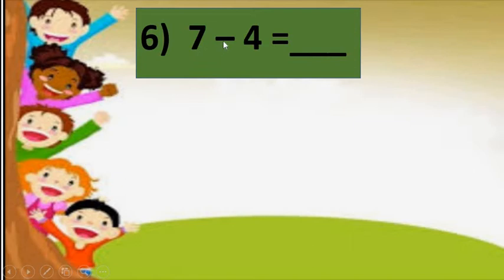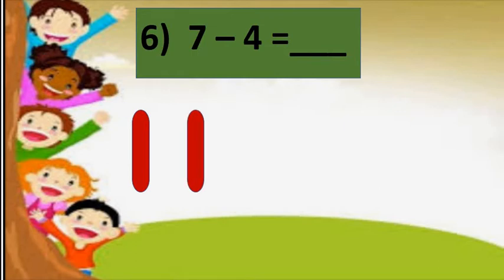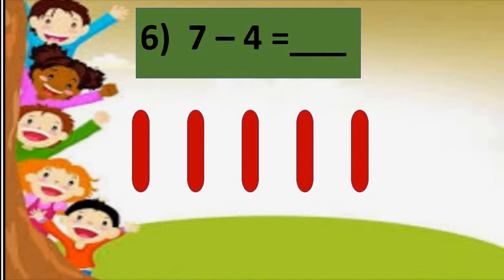7 minus 4 is equal to dash. 1, 2, 3, 4, 5, 6, 7.